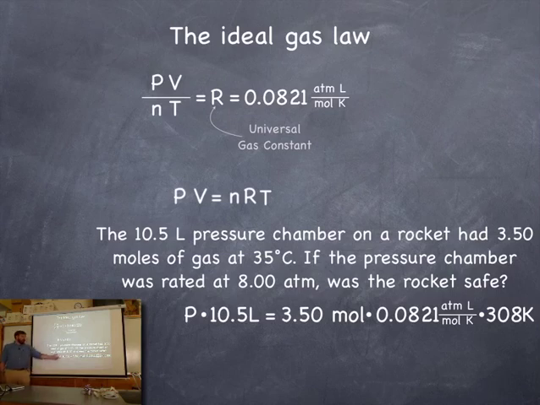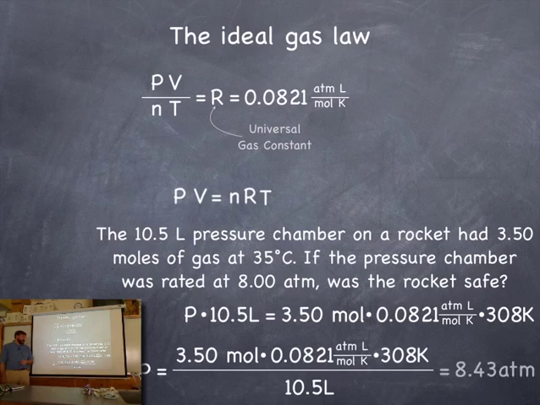Okay? So we, again, substitute and solve. We get a value of 8.43. That's above the safety rating. That's not a good idea. So this one, the pressure chamber was rated for 8 atmospheres of pressure. If you go above that, it's possible that it could fail. Now, typically, there's a margin of error built into those pressure ratings, but you wouldn't want to push it like that.